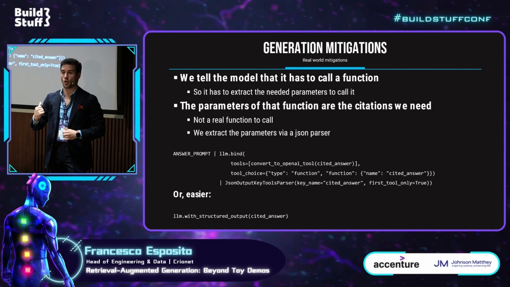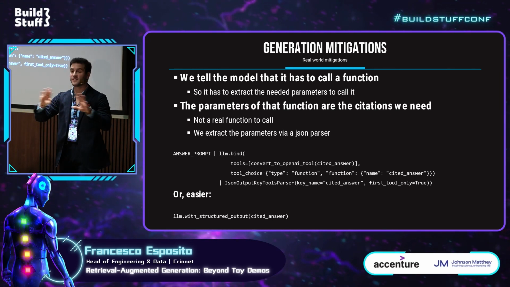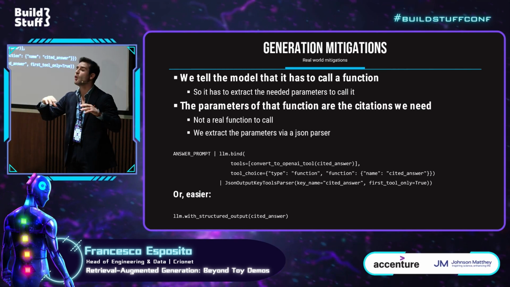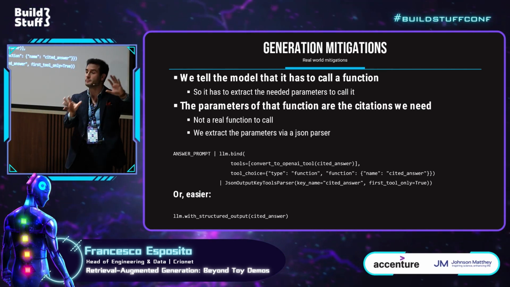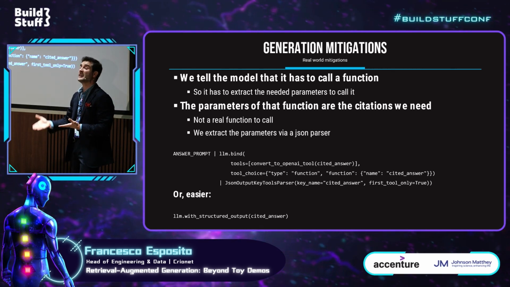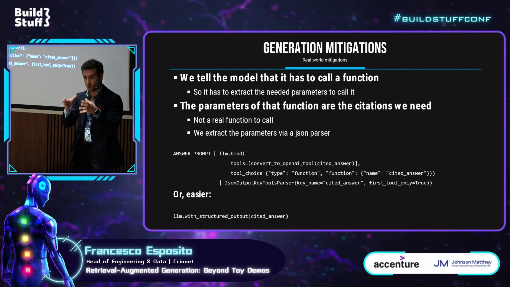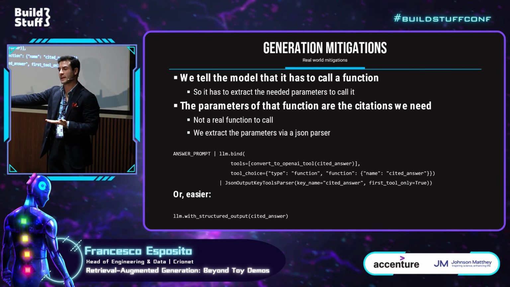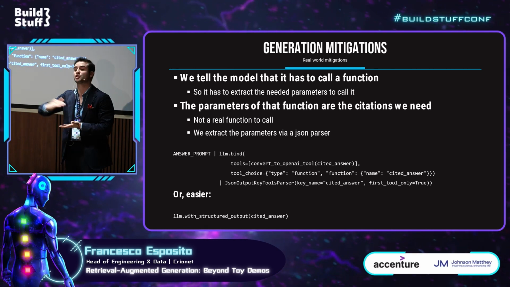The model has been trained to call external functions. We define a fake function that does nothing, but has those two input parameters. So the model knows that it has to call that function, and it will extract those two parameters from the function calling. Of course, we are not calling any function because no function really exists. It's just a trick.